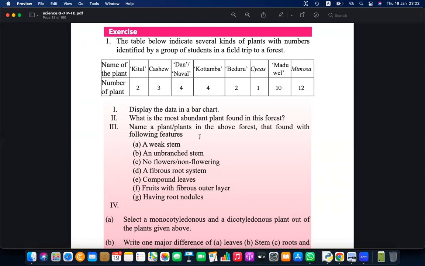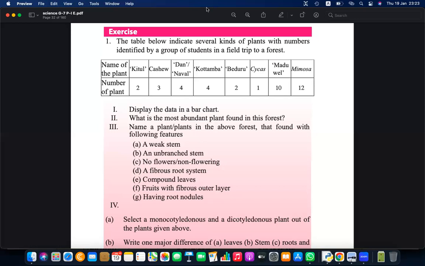Number of plants: kitul 2, cashew 3, dun 4, kottamba 4, bedru 4, cycas 1, madu 10, and mimosa a lot, 12. Display the data in a bar chart. What is the most abundant plant found in this forest?